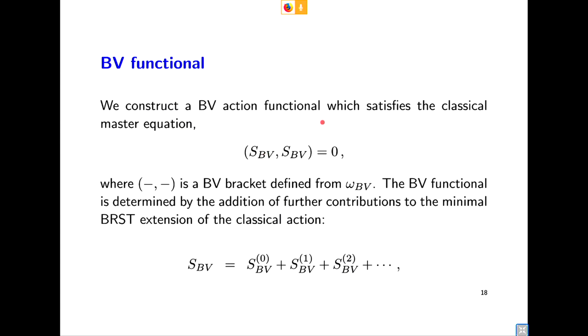This is an odd bracket, and S_BV defines the homological vector field as a homological function. So this is the Hamiltonian for the Hamiltonian vector field. This Hamiltonian vector field induced from S_BV is homological, that is, it squares to 0.